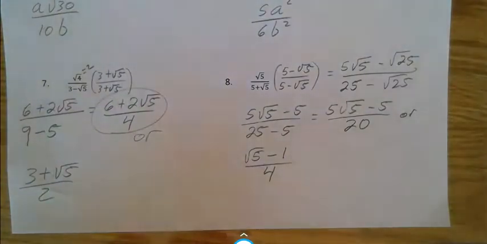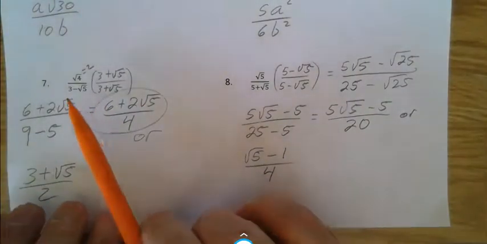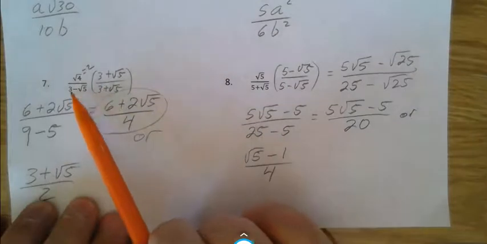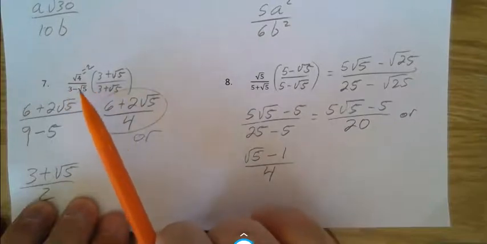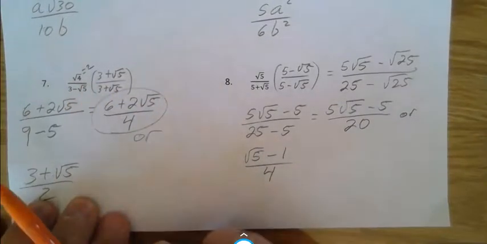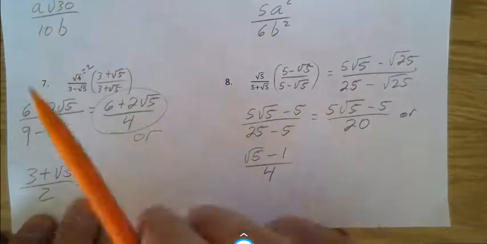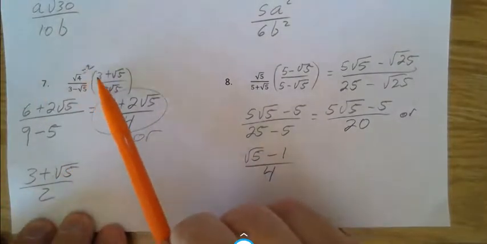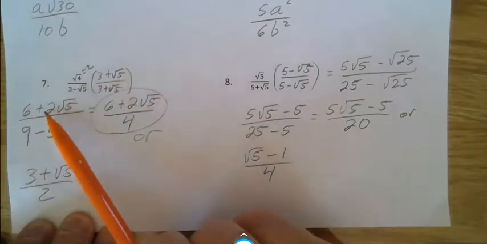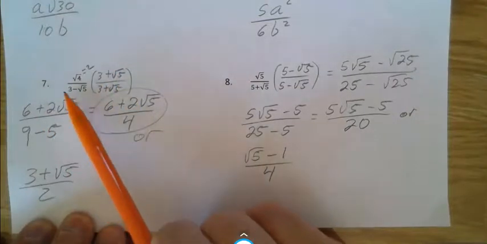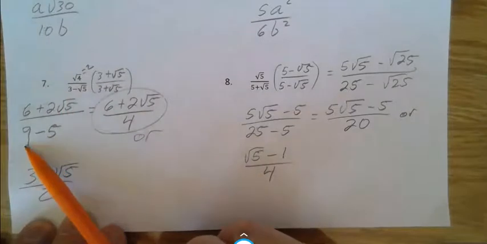So I have to multiply by something that eliminates those middle terms. If you remember back in chapter 6 when we did a bunch of these, minus and plus, the middle term will cancel out, and it'll just be the first term squared minus the second term squared. So 2 times 3 is 6, and then 2 times the square root of 5 is 2 square root of 5. 3 times 3 is 9.